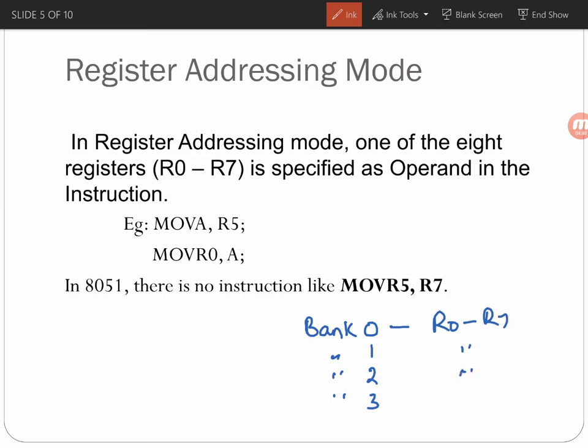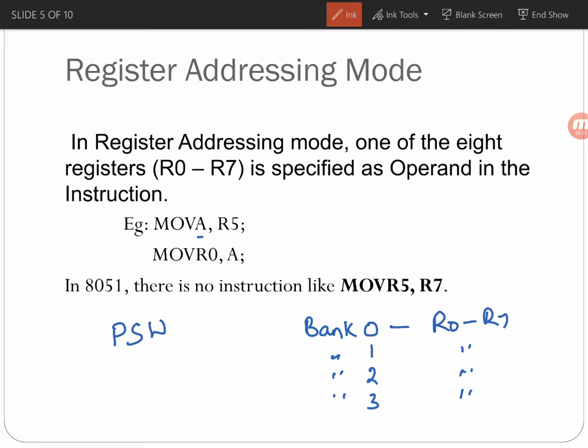Now, in this addressing mode, the data is placed in one of the bank registers and it can be moved to the accumulator register. And how to select the bank? By programming the PSW register, we can select the bank. By default, it is always bank 0.